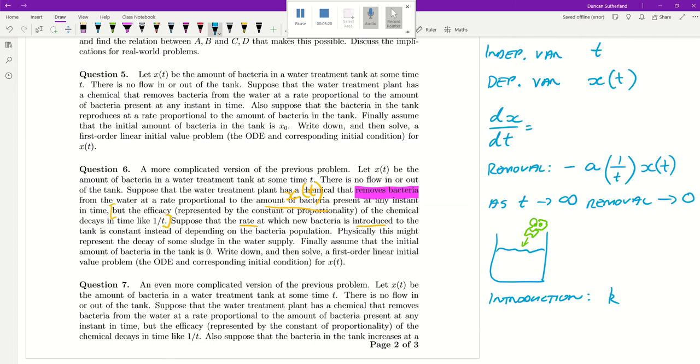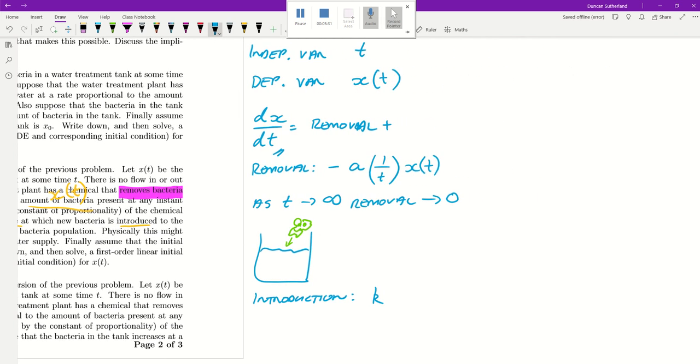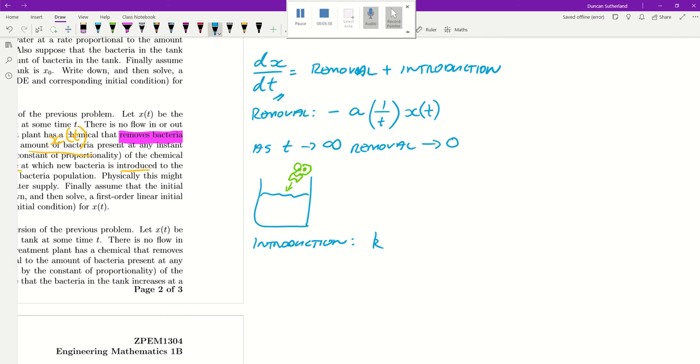Right, so our dx dt has the removal and the introduction. So dx dt equals minus a over t times x of t plus that constant k.